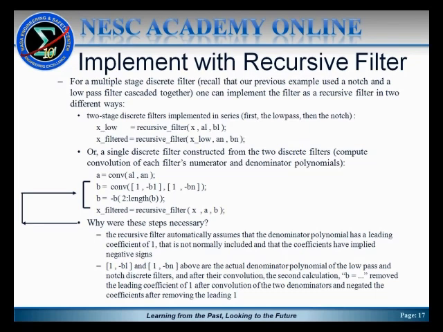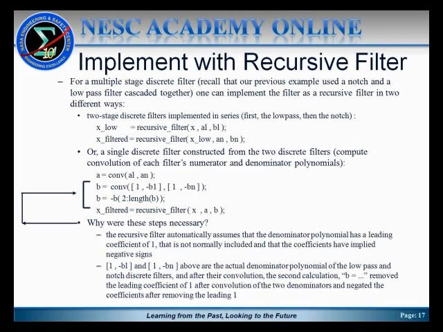The first example shown there is a call to the recursive filter with the first input being the signal to be conditioned, x. The second and third inputs are the numerator and denominator polynomial coefficients of the filter. So we'll pass x into the recursive filter with AL and BL as the numerator and denominator polynomials of the low-pass recursive filter.